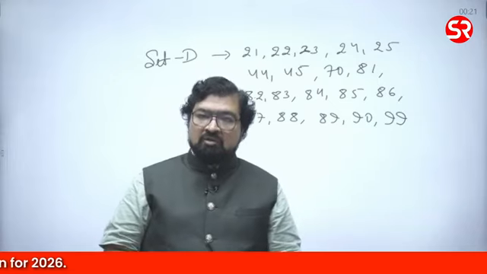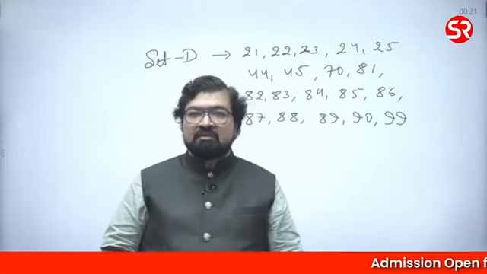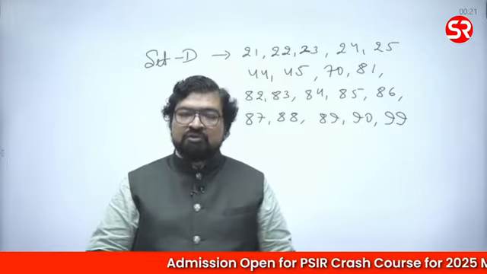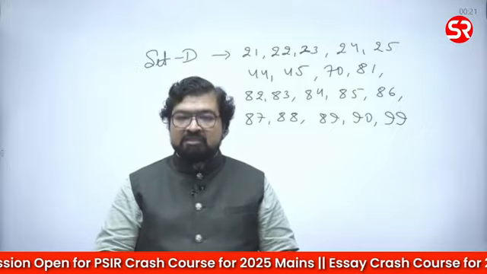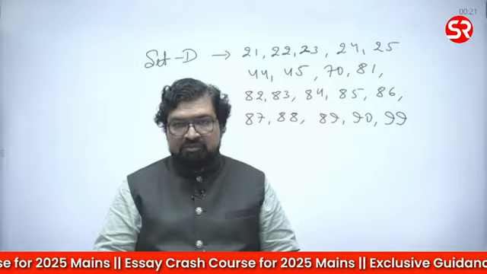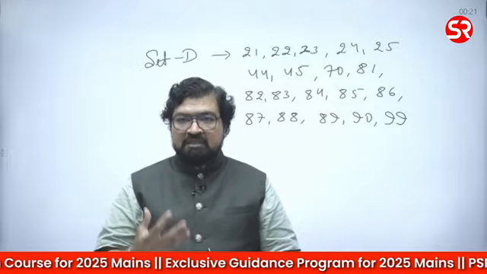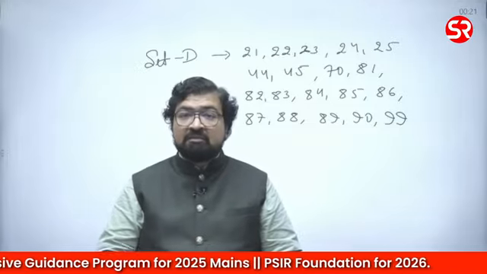I believe all of you attempted this year's exam with your hard work and preparation over the last 1 year, 2 years, or however long you have been preparing. It would have been easy for you to solve the science and technology questions. And compared to last year, the paper is again a bit simpler, but I'll not say easy.